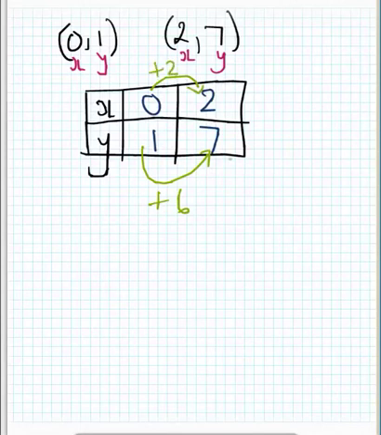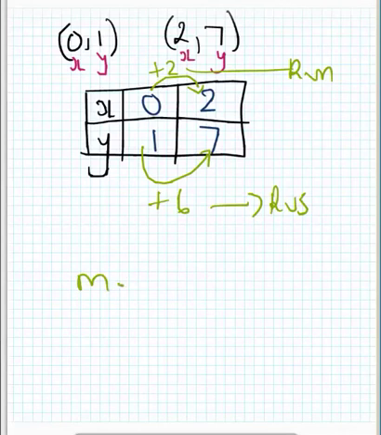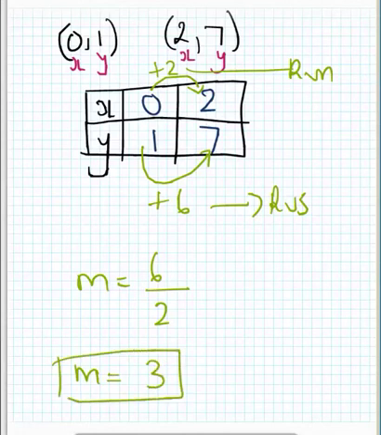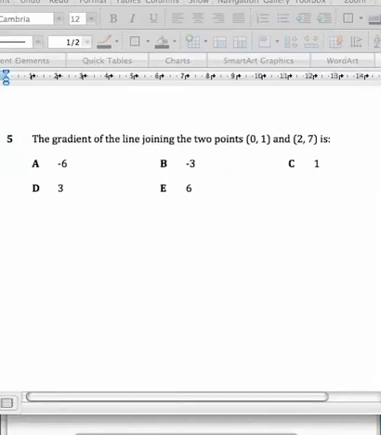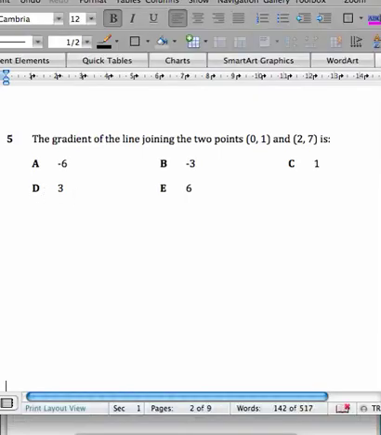And that's our gradient. That's our rise. It's a positive 6, and that is our run. So M will equal 6 over 2, and 6 divided by 2 is just a positive 3. So the answer for 5, it would be D. Gradient is positive 3.